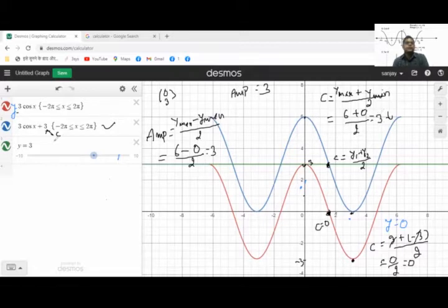Therefore, the value of C is 3. So note that always when you find the amplitude, take the semi-difference of maximum and minimum y. And if you are going to find the value of C, that is the translation vector along the y-axis, then you can use the average of the maximum and minimum value along the y-axis.